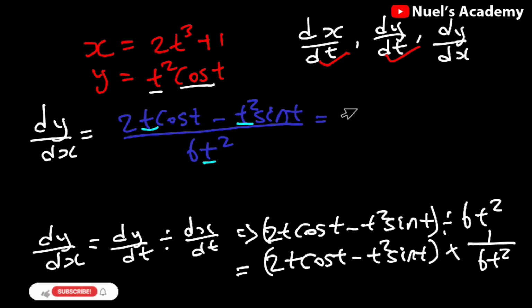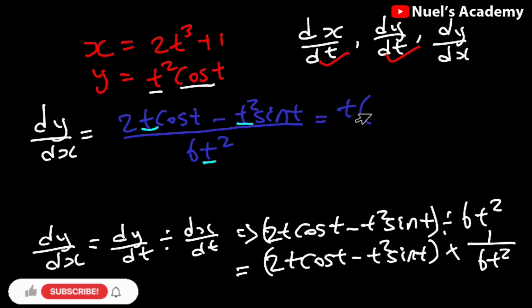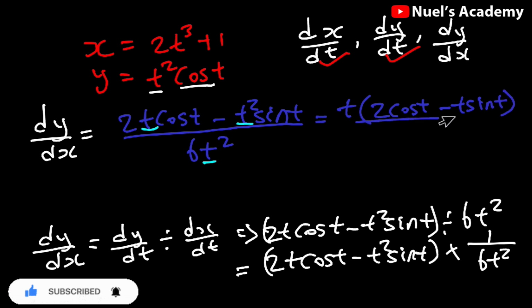So if you factor out t, you'll be left with 2 cosine t, then minus t squared divided by t is t, you'll be left with sine t, then divided by, if you bring out t here, you have 6t. t squared divided by t is t.